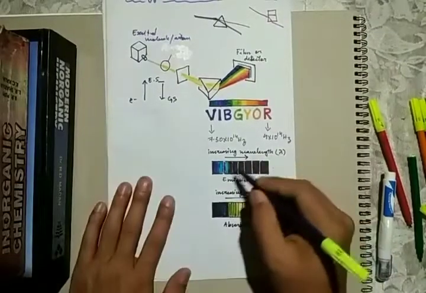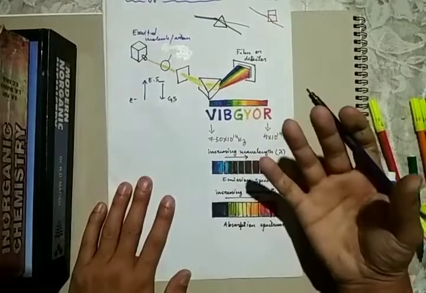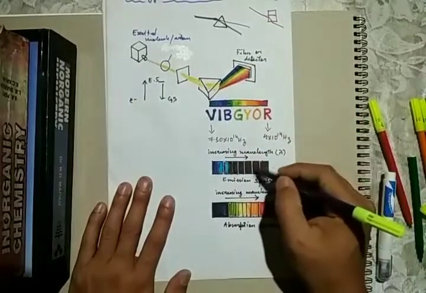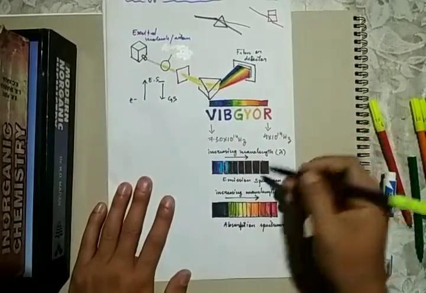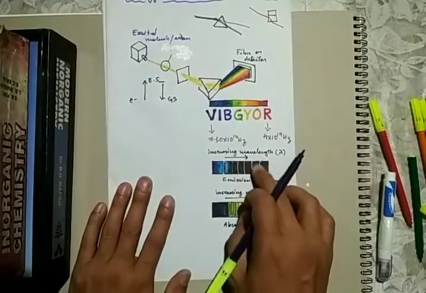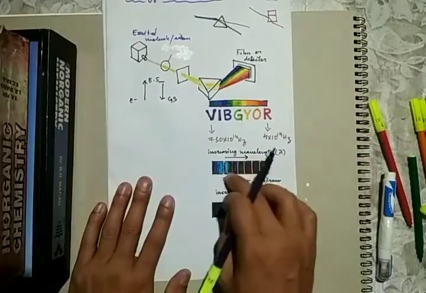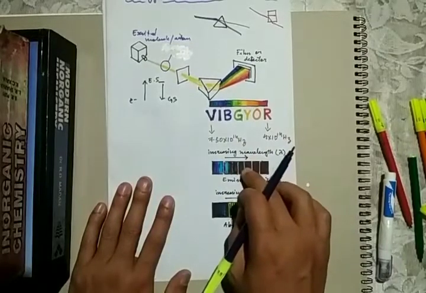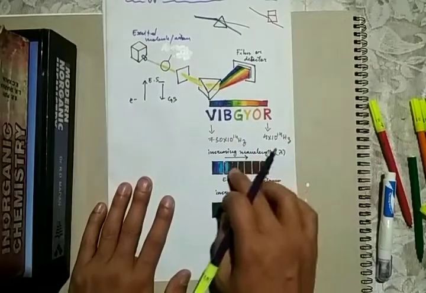We call these spectral lines, or atomic spectra. On emission, they give certain lines separated by black spaces.